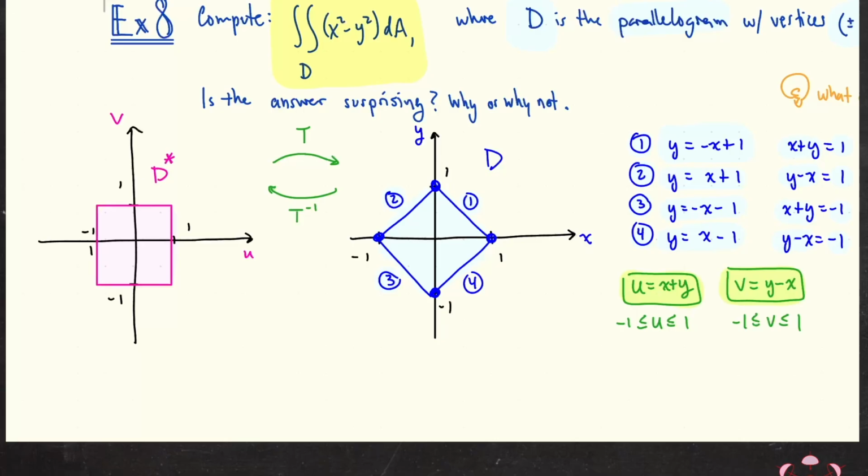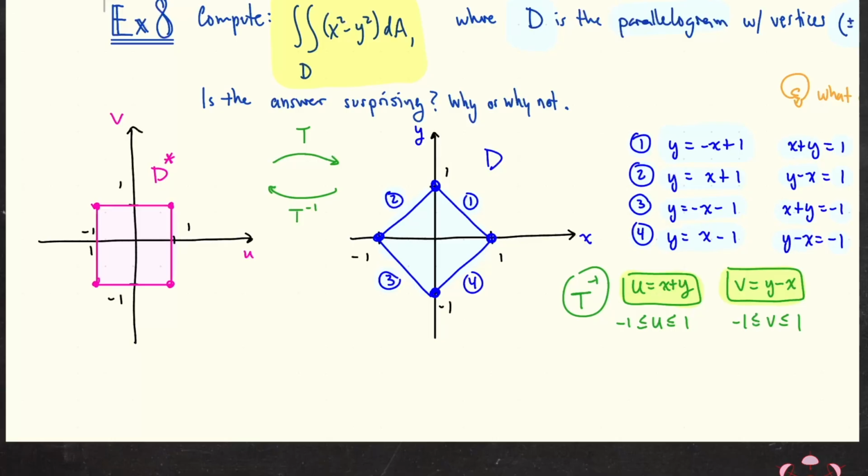Okay, now notice that what I've essentially constructed, just from the intuition, is T inverse, right? Where we know the curves in the D, in the blue xy plane, and we know how to send those to points in the uv plane. I won't do this, but you should check yourself that those four corners get sent to these four corners with the transformations for u and v that I'm showing.